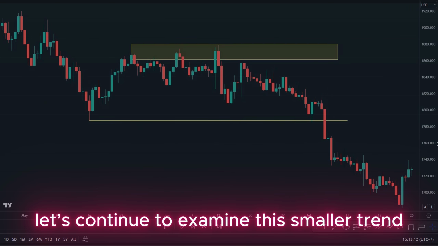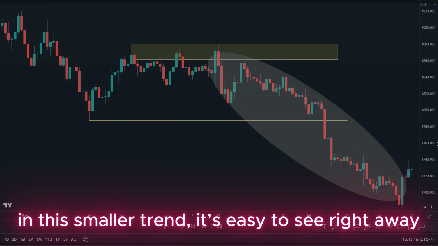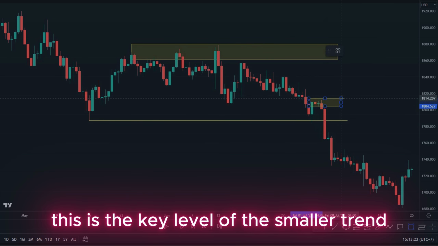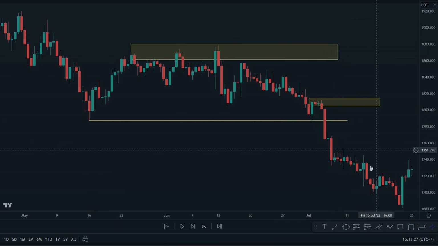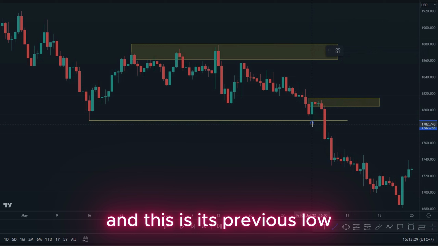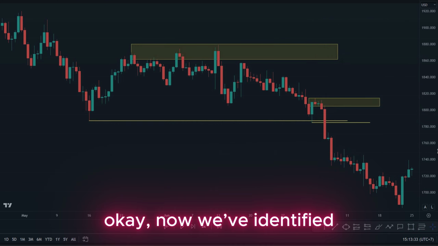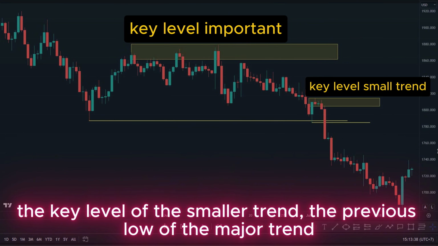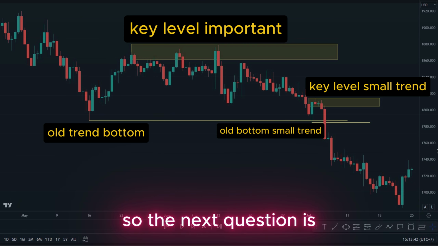Okay. Let's continue to examine this smaller trend. In this smaller trend, it's easy to see right away. This is the key level of the smaller trend. And this is its previous low. Okay, now we've identified the key level of the major trend, the key level of the smaller trend, the previous low of the major trend, the previous low of the smaller trend.